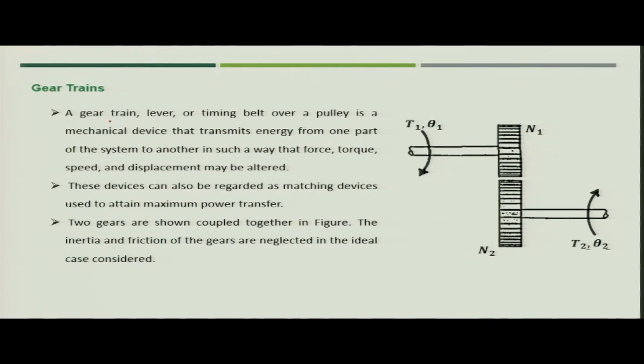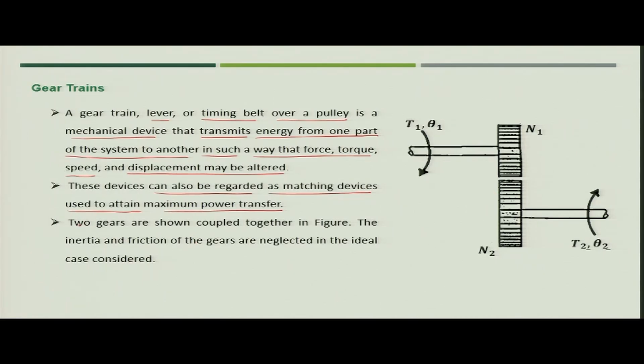So, a gear train or lever or the timing belt over a pulley is a mechanical device that transmits energy from one part of the system to another in such a way that force, torque, speed and displacement may be altered. So, these devices can also be regarded as matching devices used to attain maximum power transfer.